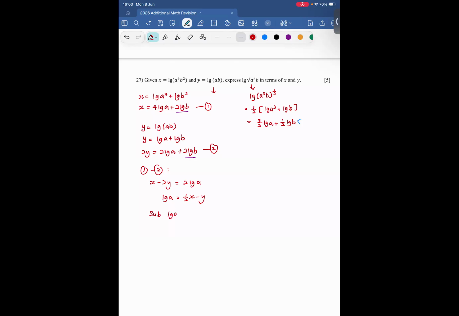Sub log a into equation 2, 2y equals to 2 here. This one called equation 3 sub here.